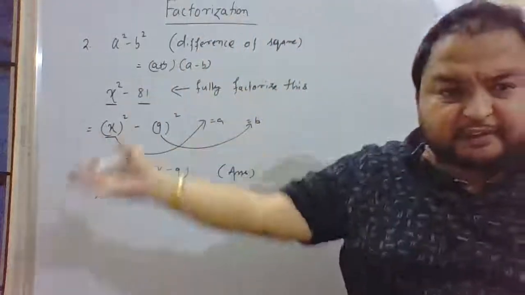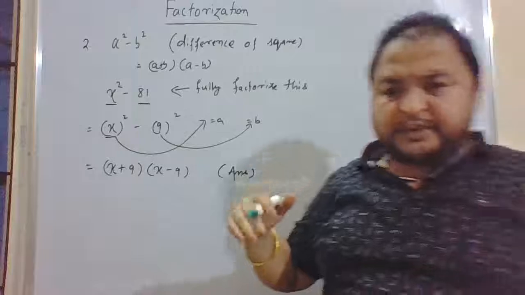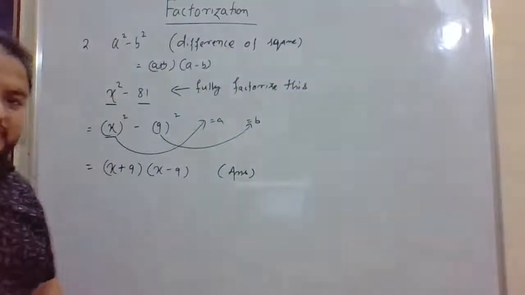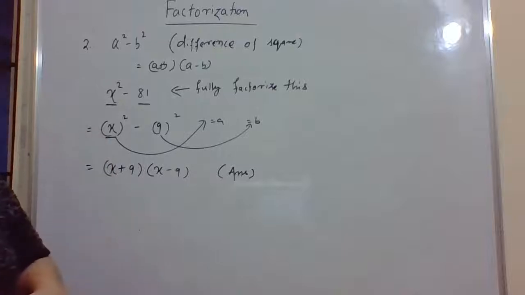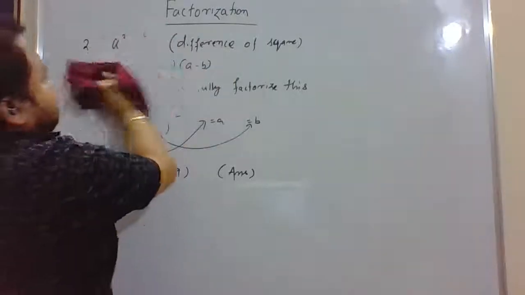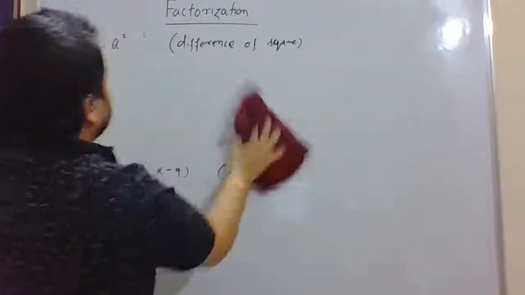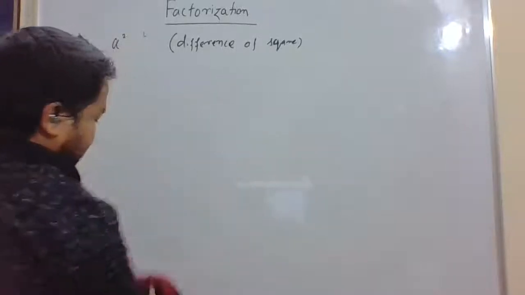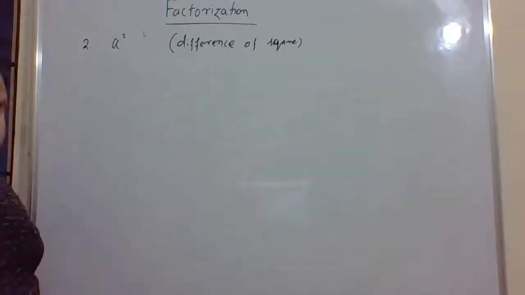So obviously, as a reverse function, a plus b and a minus b would be factors of a squared minus b squared. Pretty easy. So now let's move on to one more problem, and we would solve a couple more problems so that we get the hang of it.